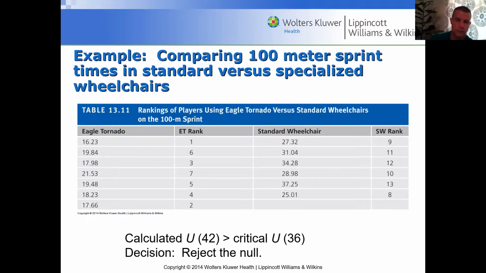The calculated U is greater than the critical U, so the decision will be reject the null, and they found a difference. You can see we've got the standard wheelchairs versus the Eagle Tornadoes. Again, we couldn't use a parametric test because we had unequal groupings.